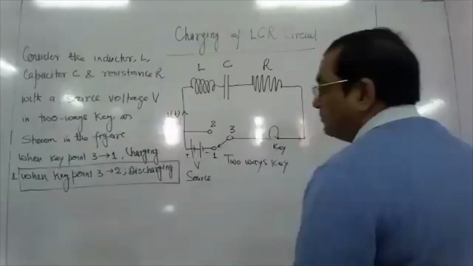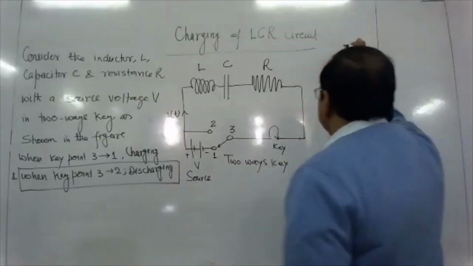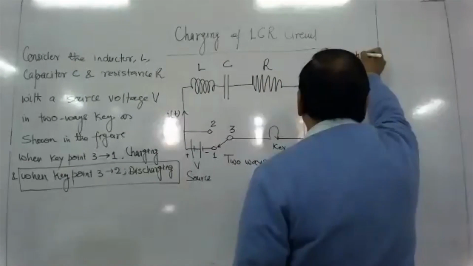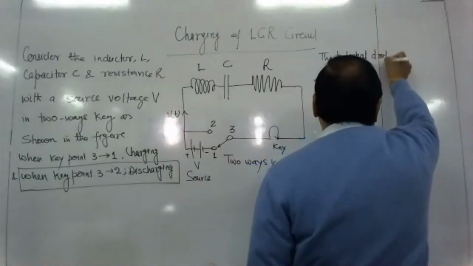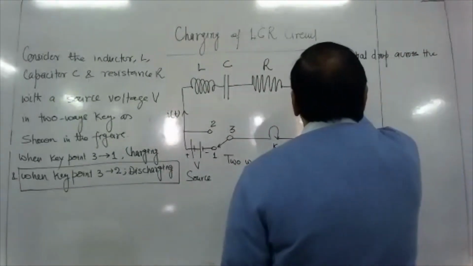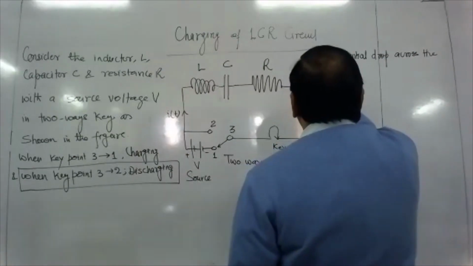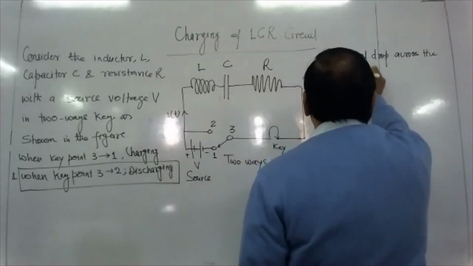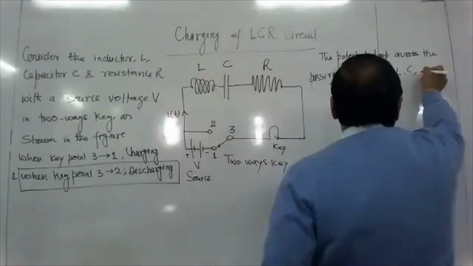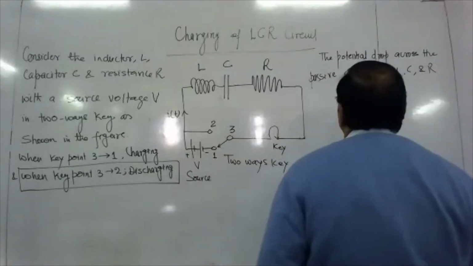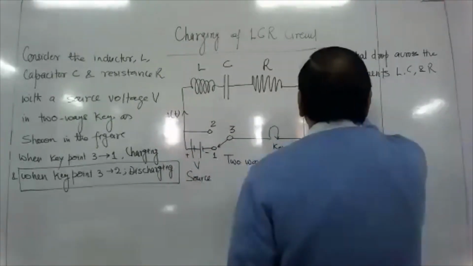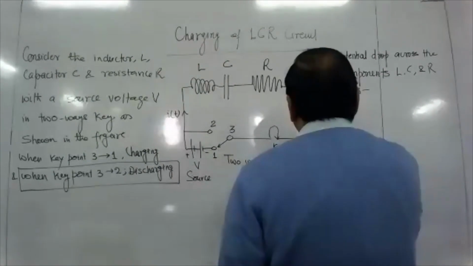So the potential drops across the passive components L, C and R are given as follows.